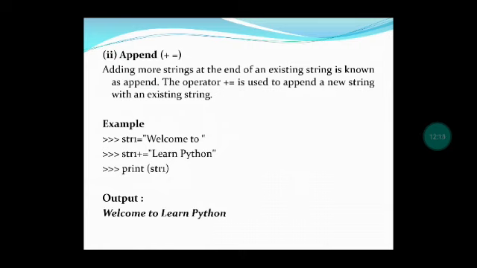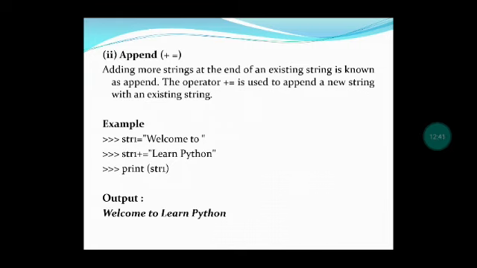In string 1 we have given welcome to, and next line we are using string 1 plus equal to learn Python. Already in string 1 welcome to is there. Again we are adding with that learn Python. Then we are printing the result. So what will be the output? We are getting the output as welcome to learn Python.